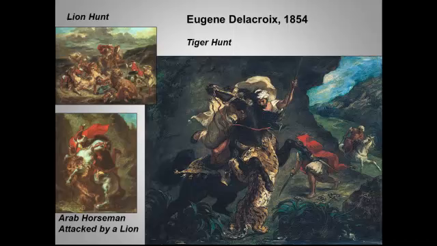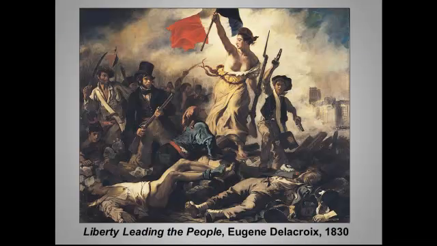Note the very vibrant use of color. Delacroix was actually a student of the science of color. He was also very interested, as we'll see in the next set of lectures, in photography. So these paintings are a feast of vivid contrasting colors and deep color values. We'll see more of that when we get to the Impressionists.